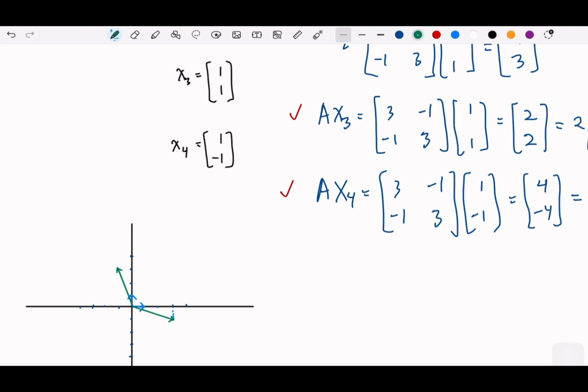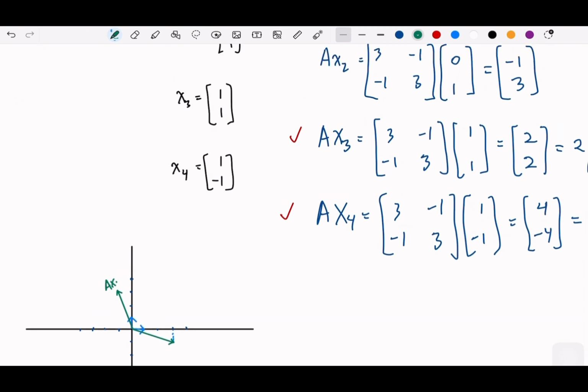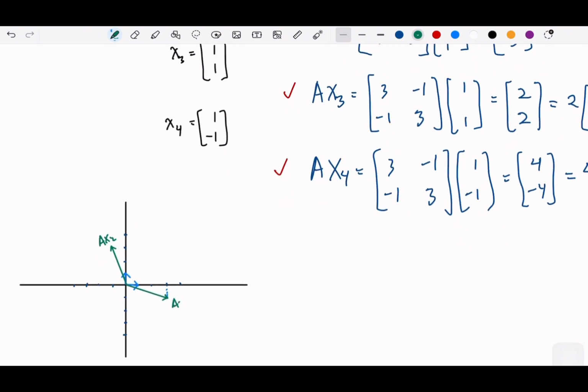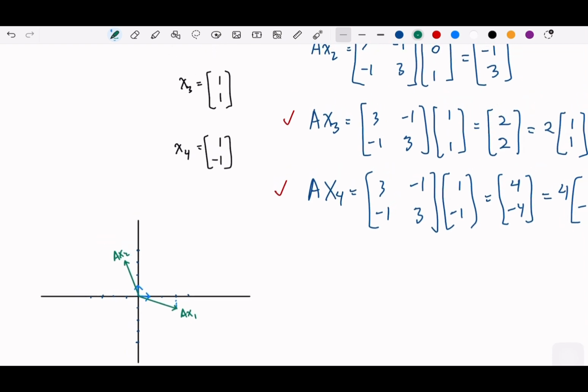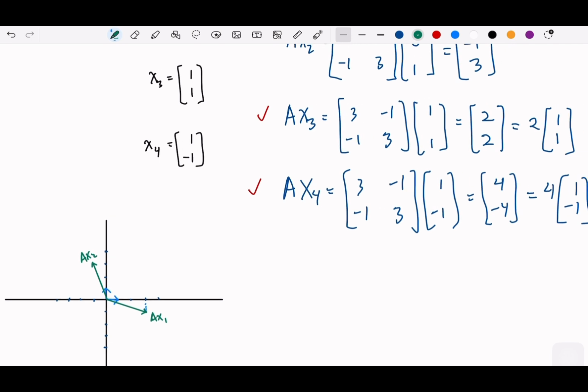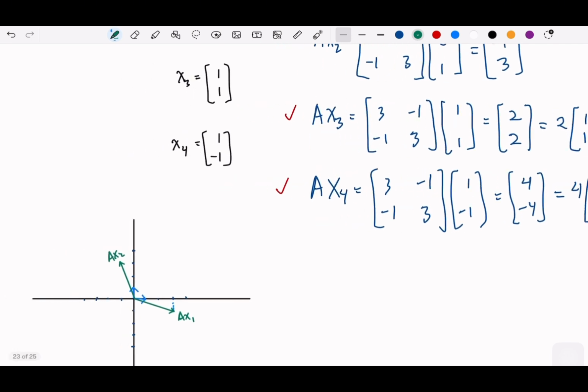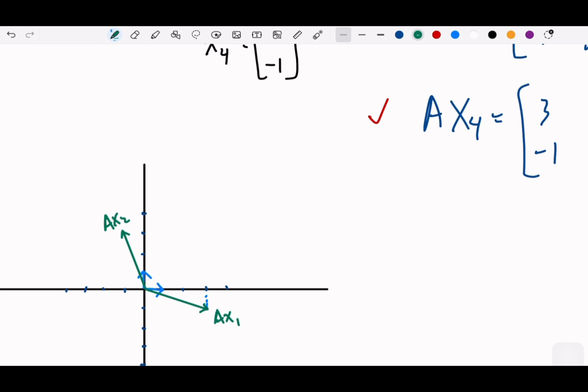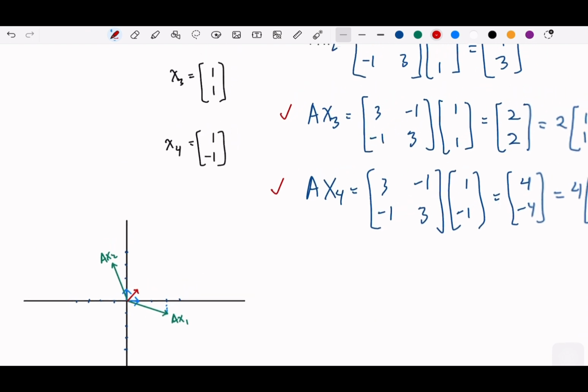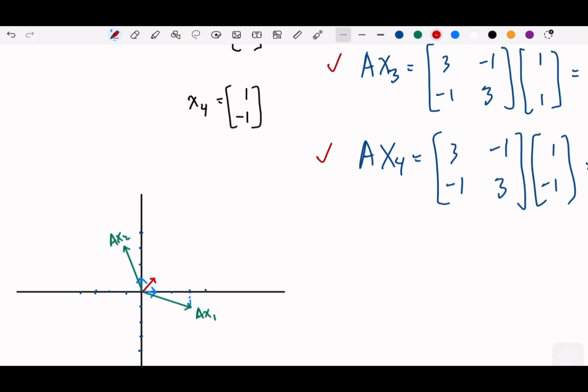So this is Ax2, and this is Ax1. And x3 is on the diagonal here. Let me write with the red color. This is x3, [1, 1]. The result is [2, 2], so let me add it here.